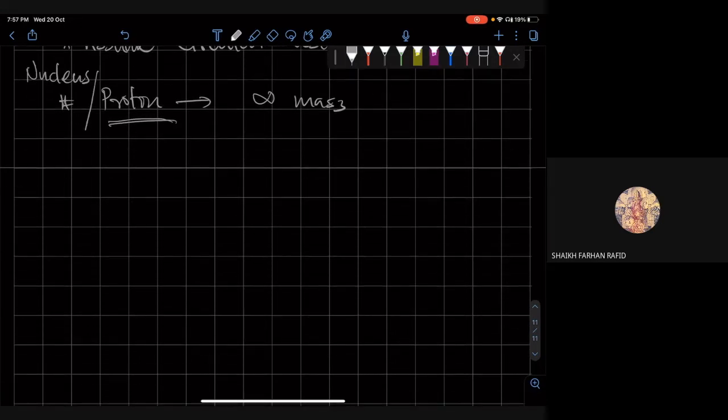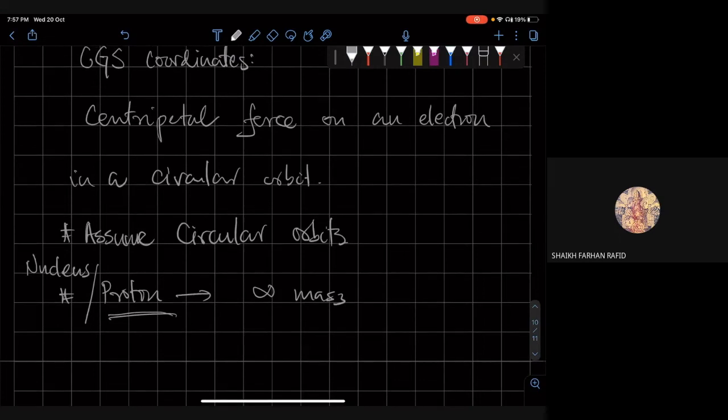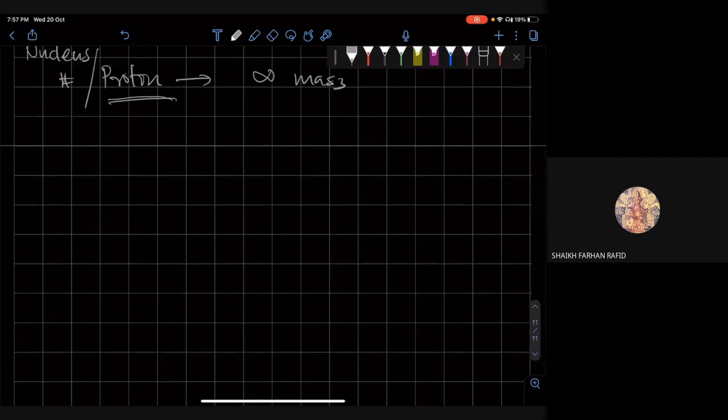So if that is the case, then we can ask, what is the centripetal force? So we know that the centripetal acceleration is v squared by a, where a is the radius of the orbit. So the centripetal force is mv squared by a, and that of course has to be supplied by the Coulomb force.